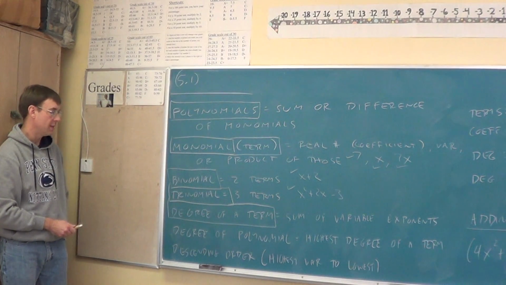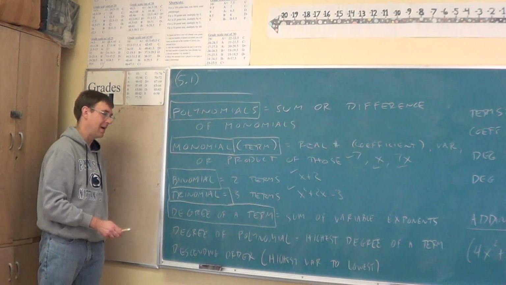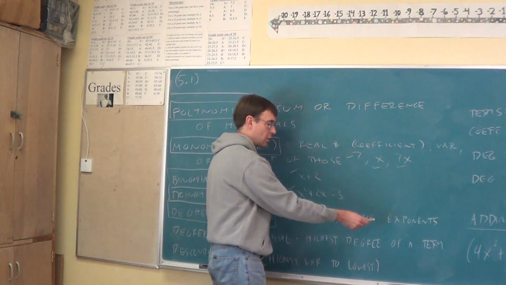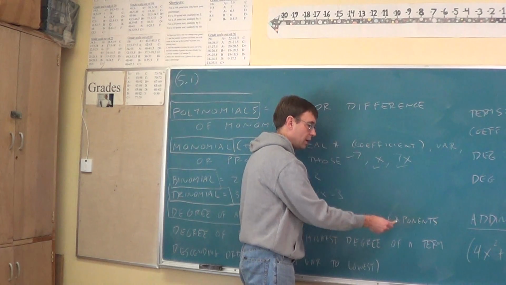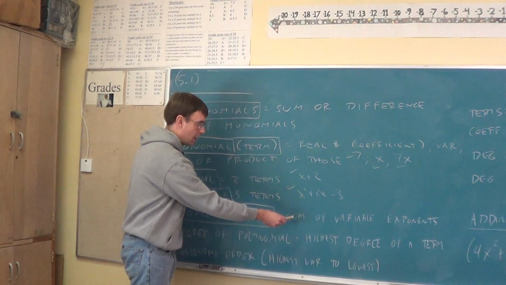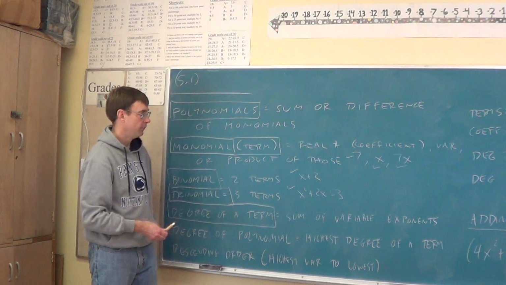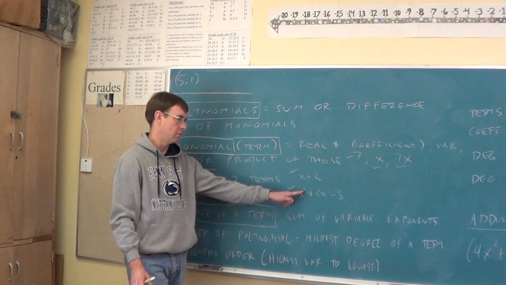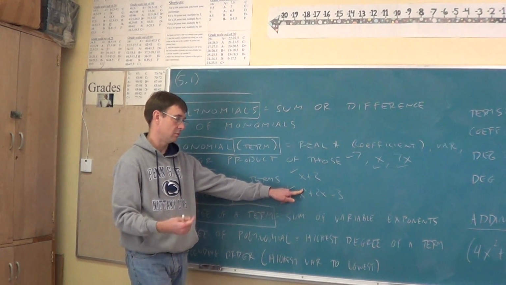The first thing you might need reminded of a little more, I think this isn't new, is the degree of a term. Every term has a degree. How you spot the degree of the term is you look at all the variables in that term, look at all the exponents on all the variables in that term, and we do the sum of those. So this individual term right here would have a degree of 2, because the only exponent we have is a 2.